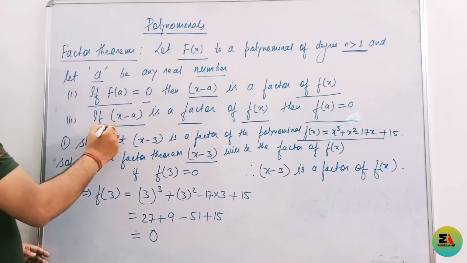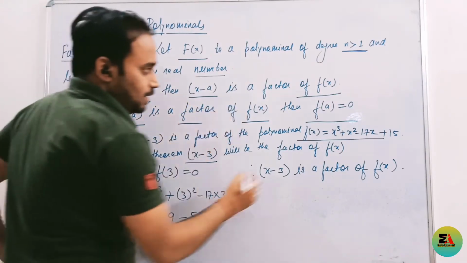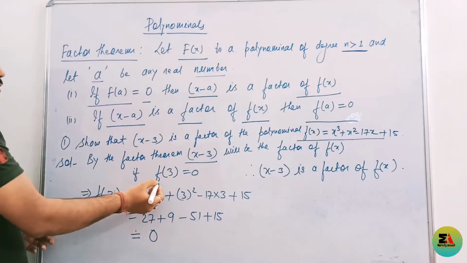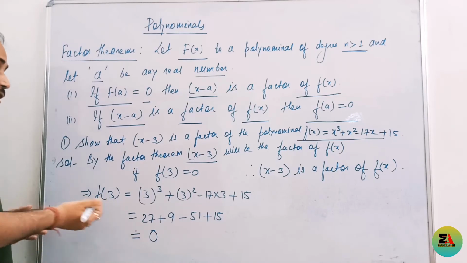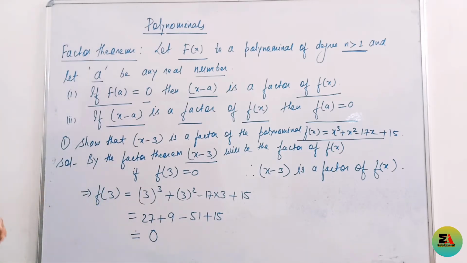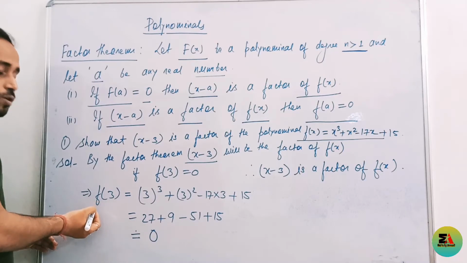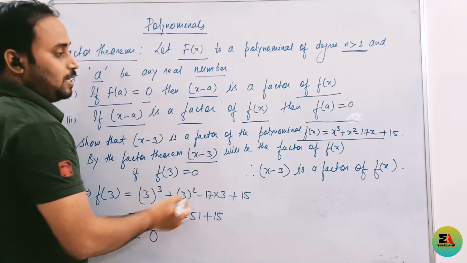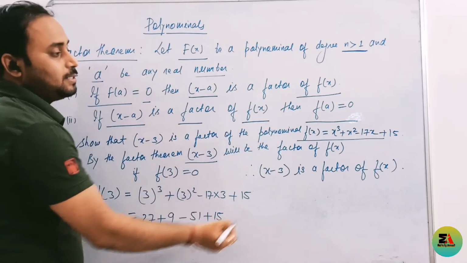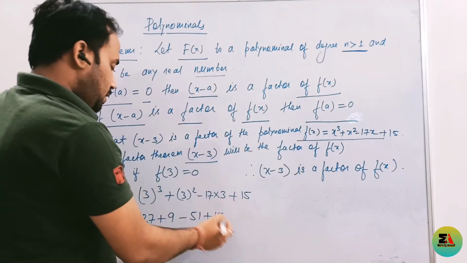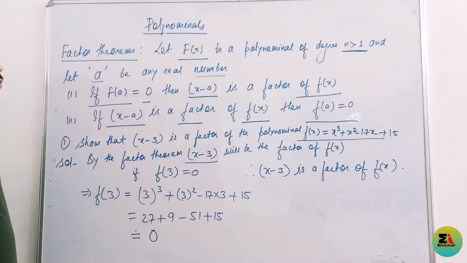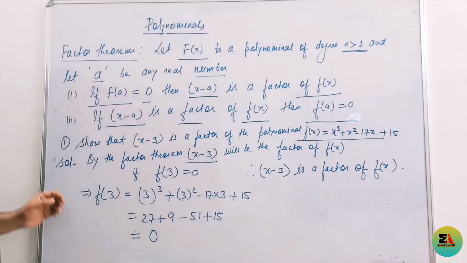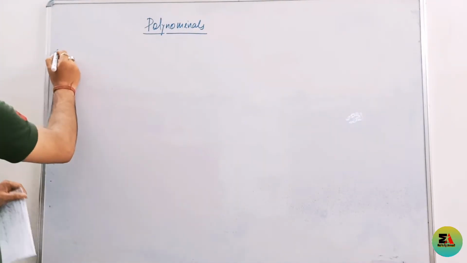In place of x, we just substitute 3. So this is 3 cube plus 3 square minus 17 times 3 plus 15. After calculating, it becomes 0. Therefore, x minus 3 is a factor of polynomial f(x). I hope this one is clear to you.